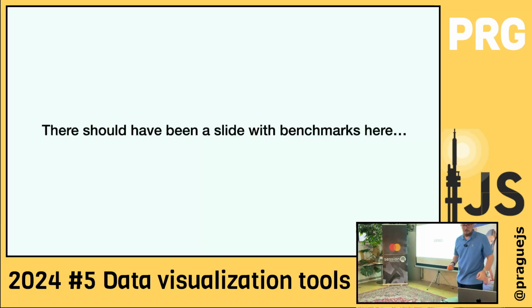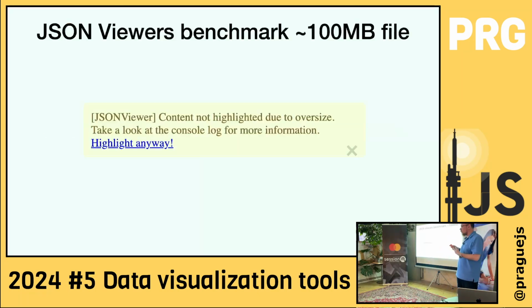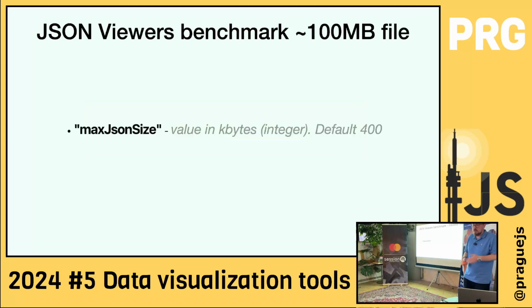And there should have been a slide with benchmarks actually. I already spoiled this, right? But once I started trying to measure some processing time, I encountered this beautiful warning message: oversized, sorry, but you can highlight it anyway. Which I did actually. I highlighted it anyway, and I found the setting that you can change to make this happen.